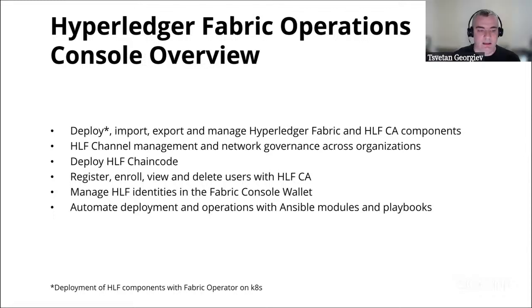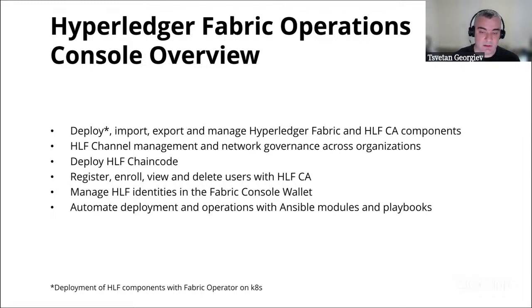The next main feature is the console wallet. This is where the certificates and the crypto materials of the Hyperledger Fabric identities are stored, of course, to operate the network. For instance, if you want to manage a peer, you need to connect with it and have the admin certificate to do that.